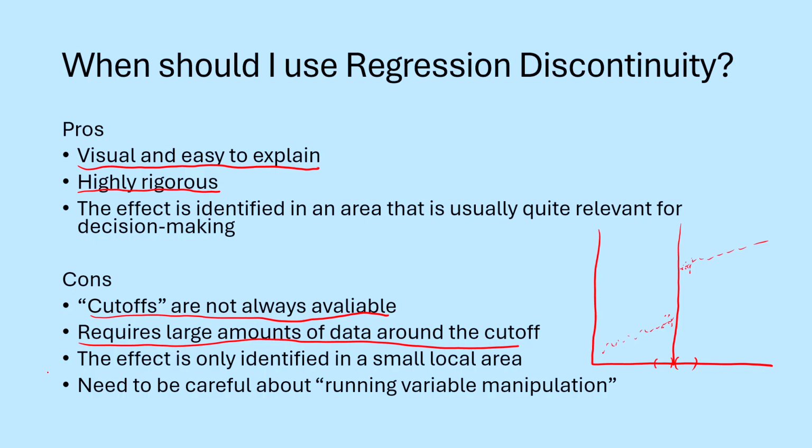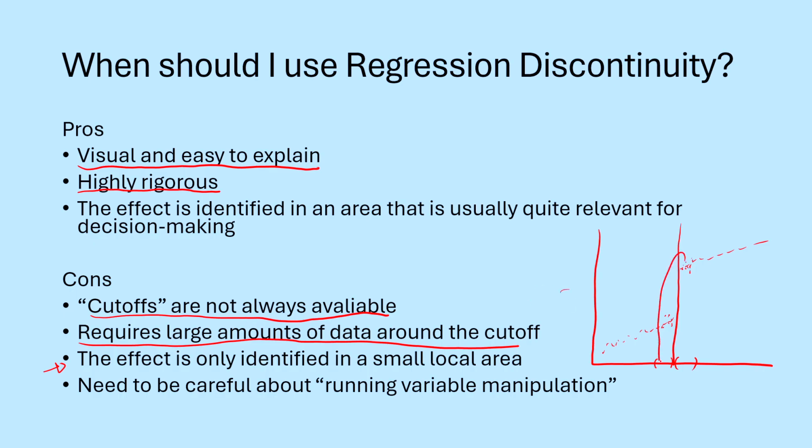The next con is definitely a con, but it's not quite so bad as you might think. So the con is that we are only estimating this treatment effect in a small local area. Specifically, we're estimating the treatment effect right here around this discontinuity in the middle.